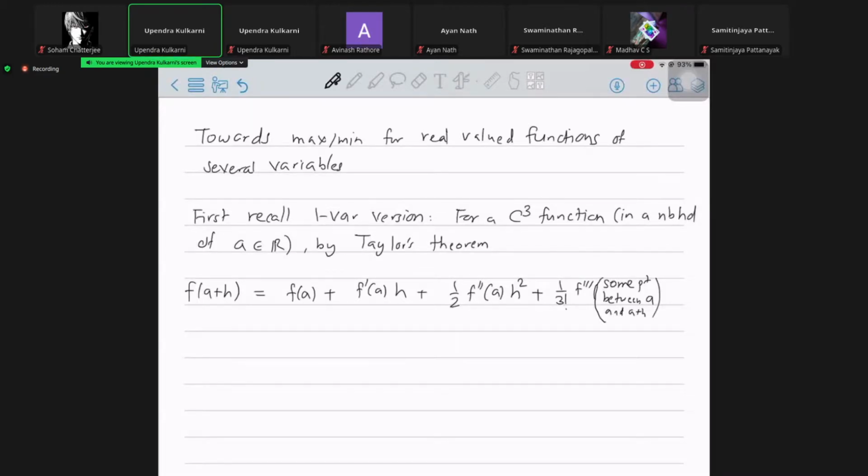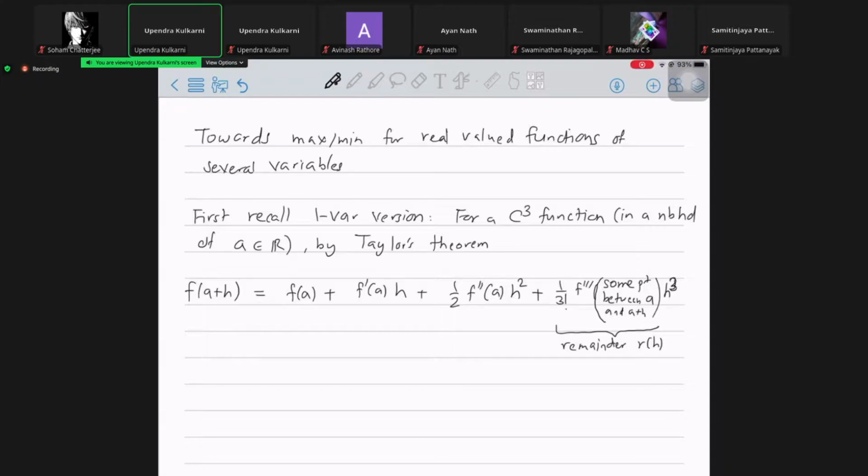The point is that this term is going to be multiplied by h cubed. We will call this the error term or remainder term R of h. And what is the point? This R of h is cubic. So in particular, if I divide it by h squared, it is going to go to 0.